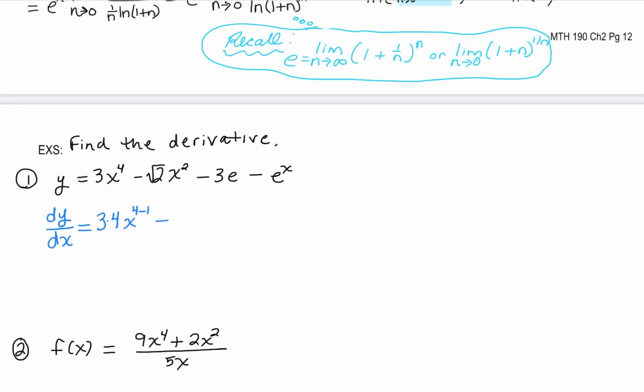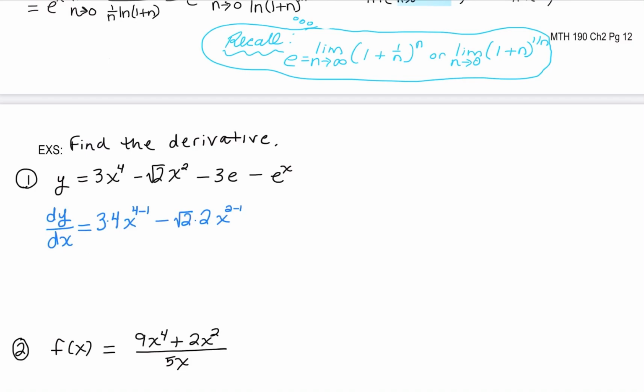Again, minus, I can take a derivative term by term. Square root of 2 gets carried along as a constant multiple. 2 gets brought down as that power. And then x to the, we decrease that power by 1, 2 minus 1. This third one is the one that often gets folks in class, because that's not a function of x.